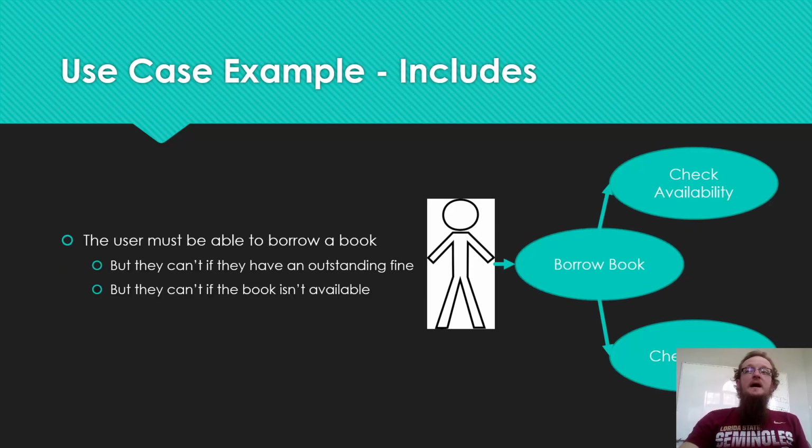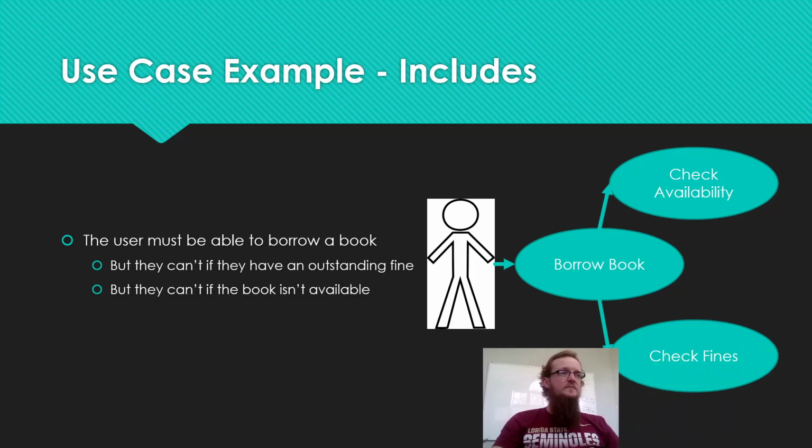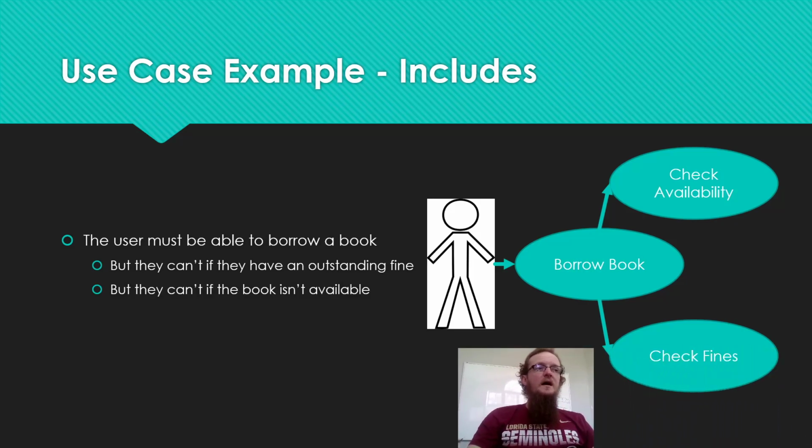You also have extensions. These are things that allow you to have more robust relationships between the function that needs to be present for the end user and all of the different checks that need to happen to ensure that the use case is actually supported correctly. I moved myself out of the way.